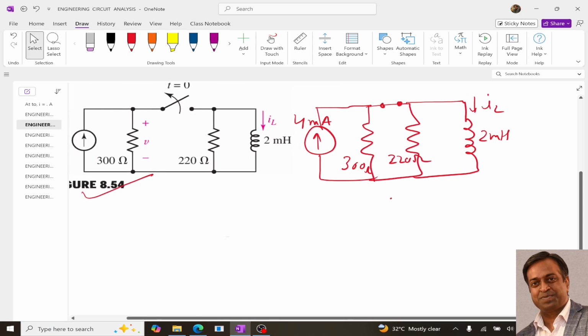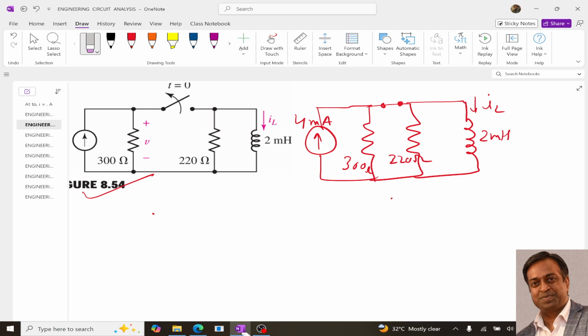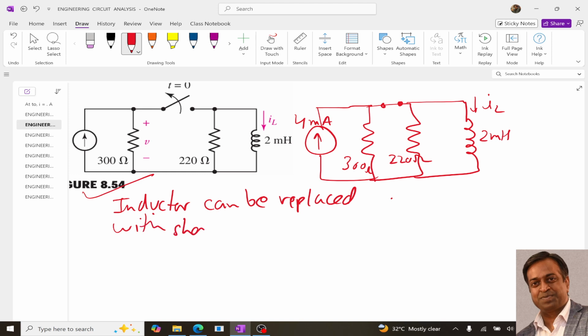Now from the knowledge of the inductor and the capacitor, we know that the inductor can be replaced with a short circuit if the current flowing through the inductor is not changing.